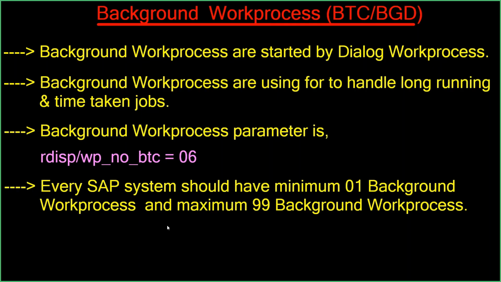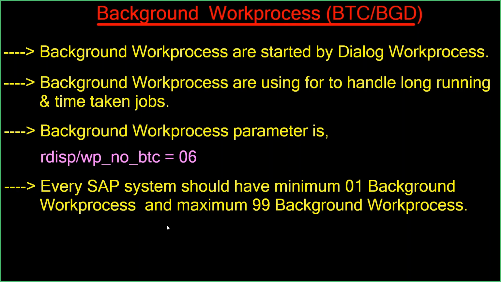In client administration, one of the concept is client copy. So client copy is not completed in 1 minute or 5 minutes. It is taking hours, 2 hours, 2.5 hours, 3 hours also it is taking. So this type of activities are handled by background work process. So long running time taking jobs are background work process handle చేస్తుంది.